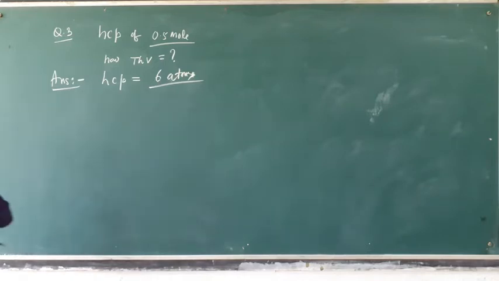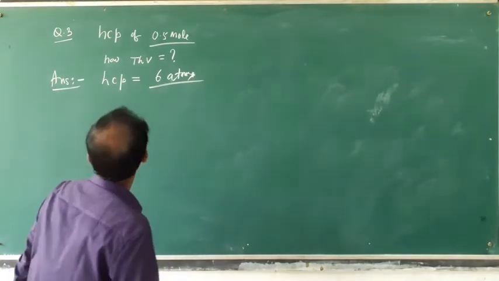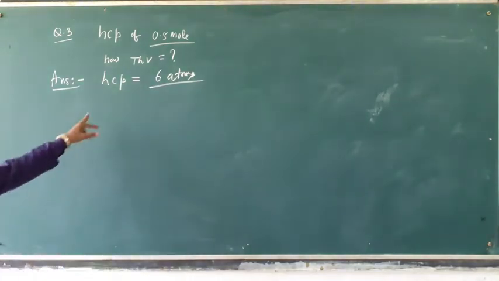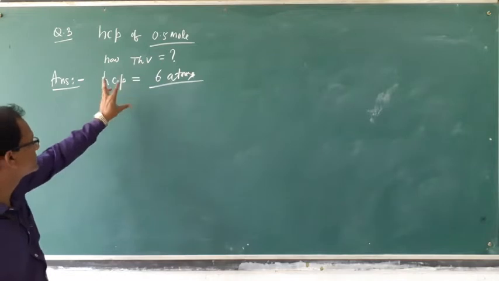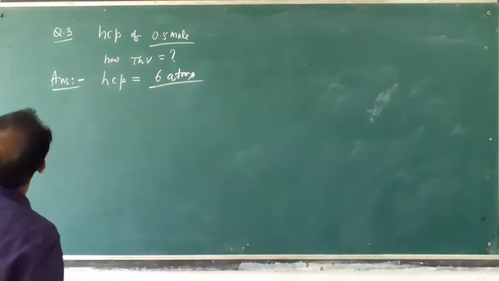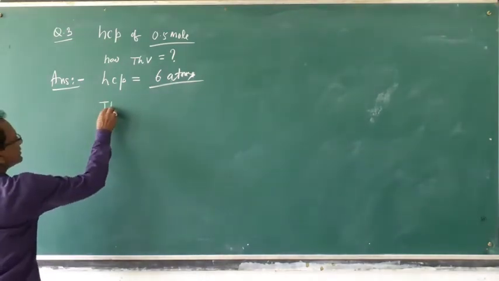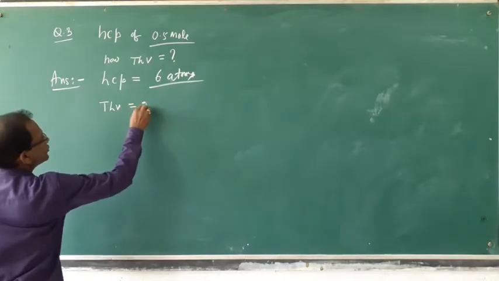Let me do it and verify your answer. As the SCP has 6 atoms connected to the central sphere, the number of tetrahedral voids is always equal to 2n.